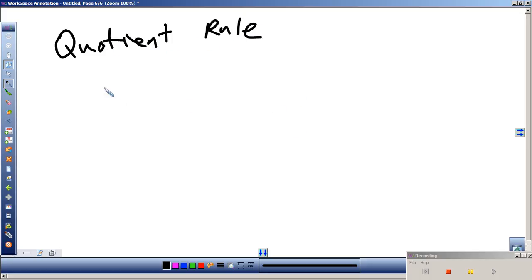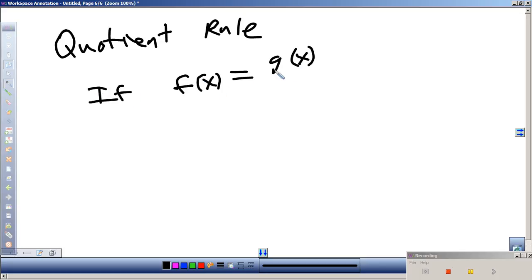And the last of the rules, quotient rule. If f of x equals g of x over h of x, what restriction do you think we have to place? Yeah, h of x does not equal 0. I'm not going to write it, however, you should make sure you're remembering that. It could be an issue. Anybody have a guess what the derivative is going to look like?